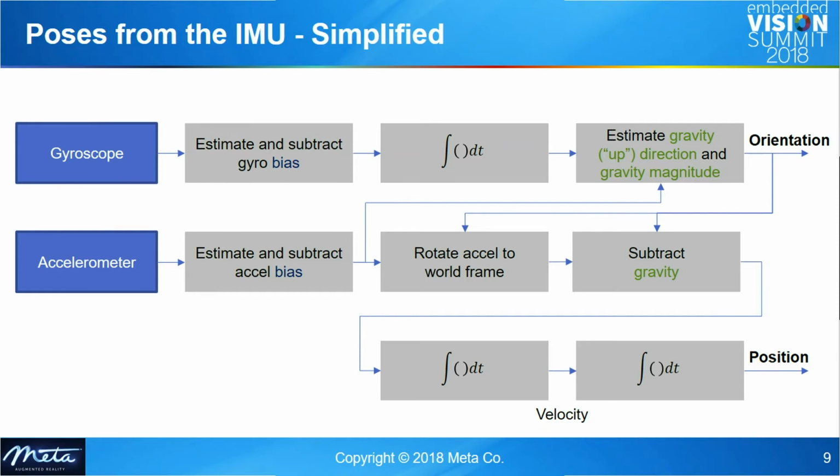But beyond that, it's not usable. For military and other high-quality IMUs, it's possible to get much better results. But those IMUs are bulky and expensive, and definitely not usable for consumer-grade products.